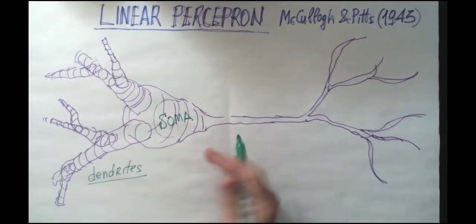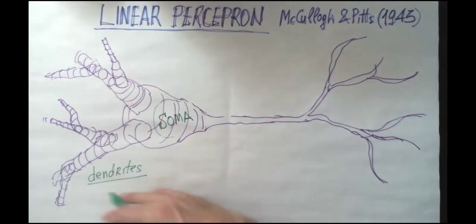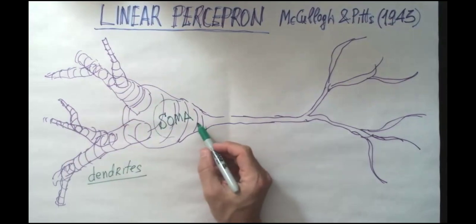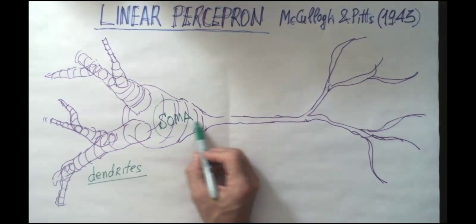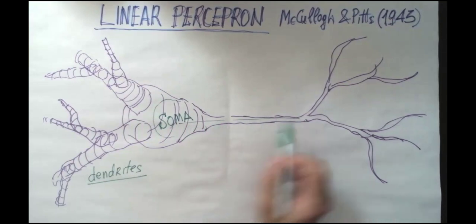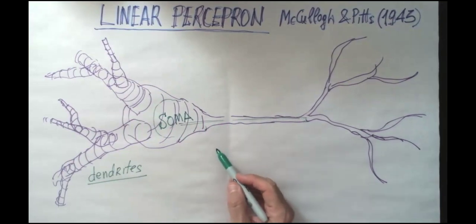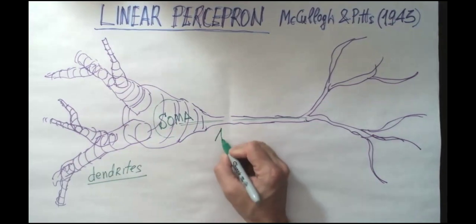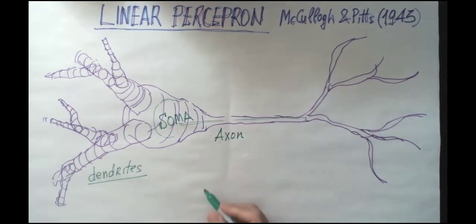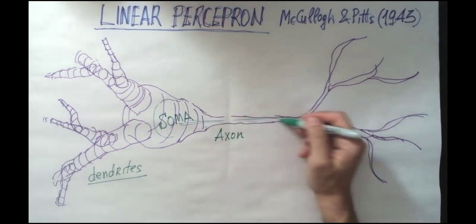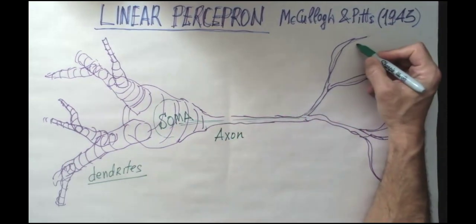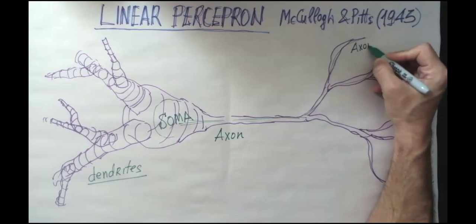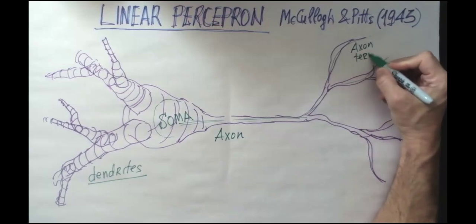which is the nucleus of the neuron, where eventually it will make a decision whether to activate a potential to go through the axon and through the axon terminals.